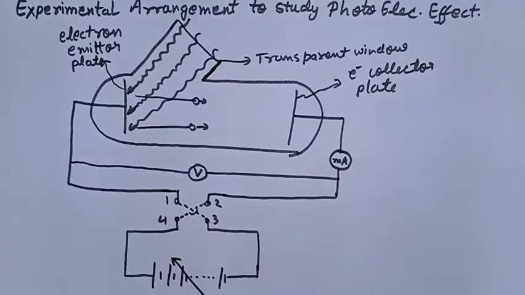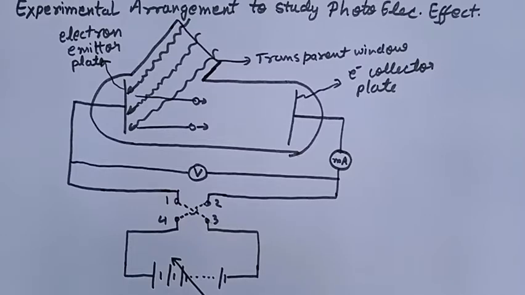Even generally we get fewer photoelectrons. Why? It is because some of the electrons will collide with each other and lose their energy. They will not come out.